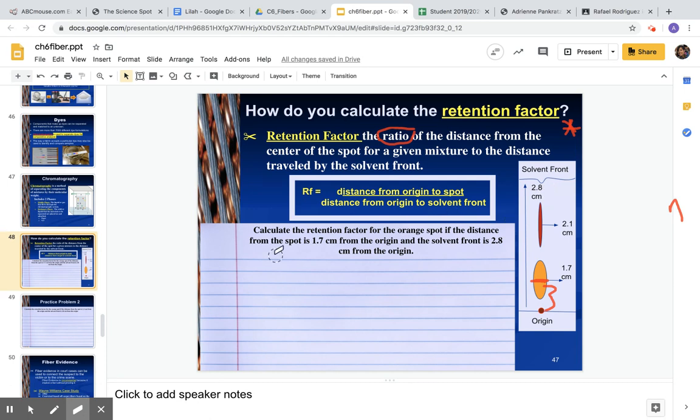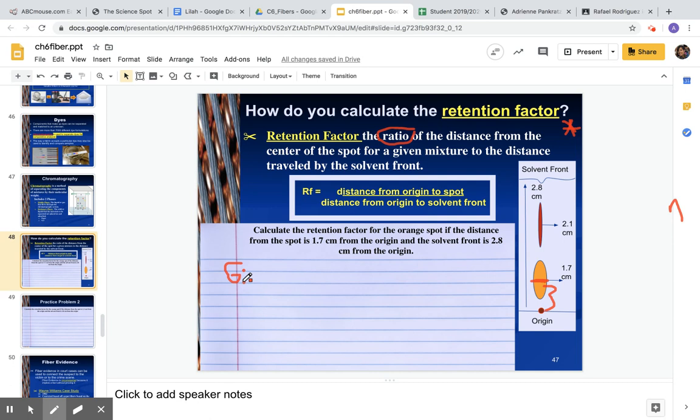It says calculate the retention factor for the orange spot. So we have spot 1, or spot orange. If the distance from the spot is 1.7 centimeters, so we know that the distance from origin to here is 1.7 centimeters. And the distance of the solvent front from the origin is 2.8 centimeters, so from here to here is 2.8. So we need to calculate that. We're going to go ahead and use our GUESS method.